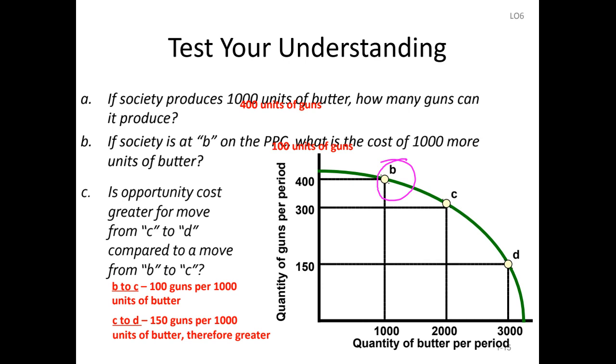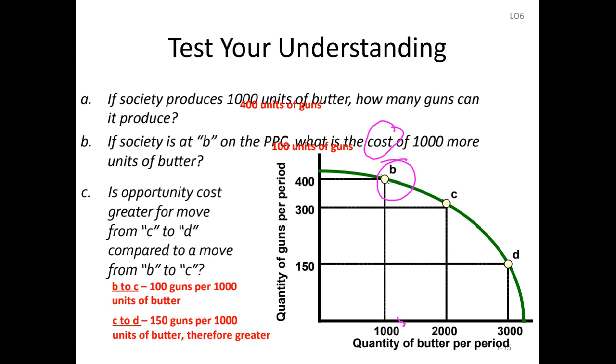You could definitely measure opportunity cost in terms of dollars as well, but here in this diagram, I am measuring the cost of producing an additional 1,000 units of butter in terms of the number of guns. So I'm calculating the opportunity cost of 1,000 more units of butter. Suppose I move from 1,000 butter to 2,000 butter, what would happen?